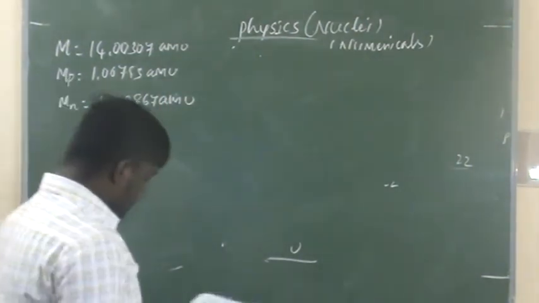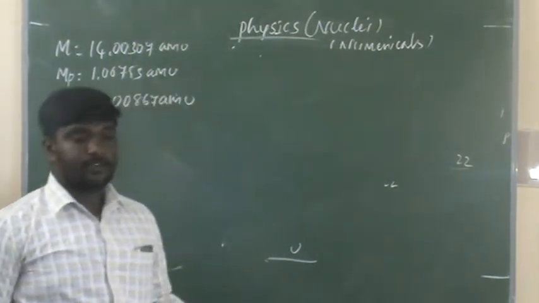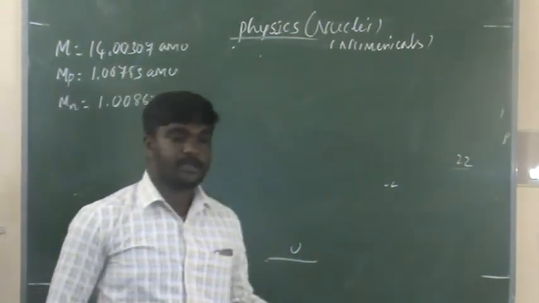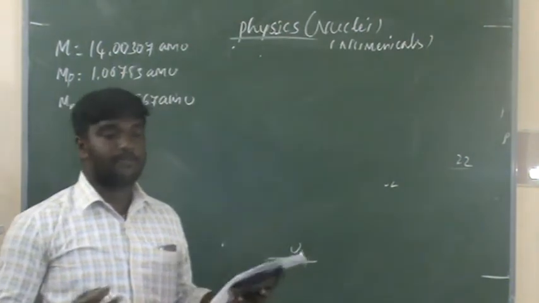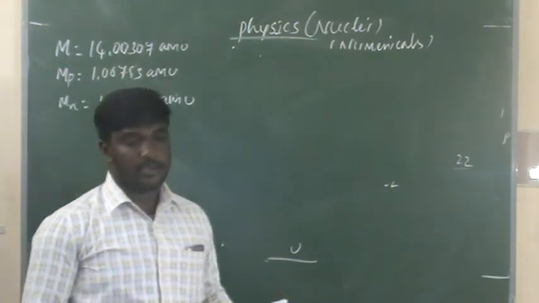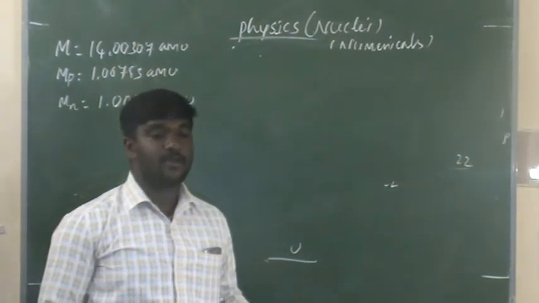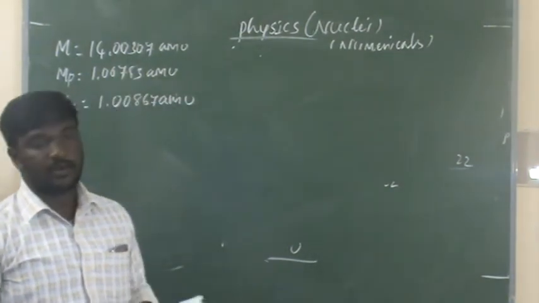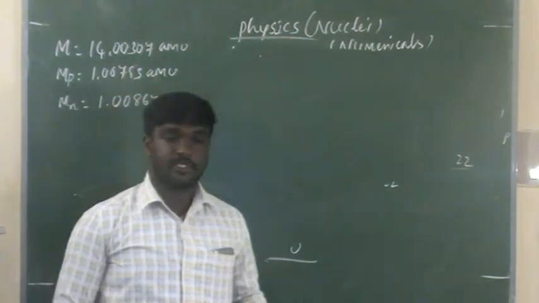So here they ask to calculate the mass defect. What is the mass defect? It is the difference between the sum of masses of nucleons forming a stable nucleus and the rest mass of the nucleus. That is the definition we already studied in the previous session.